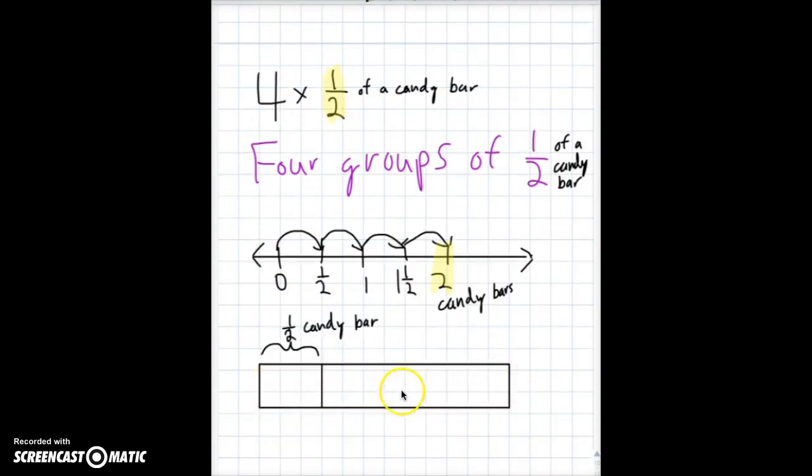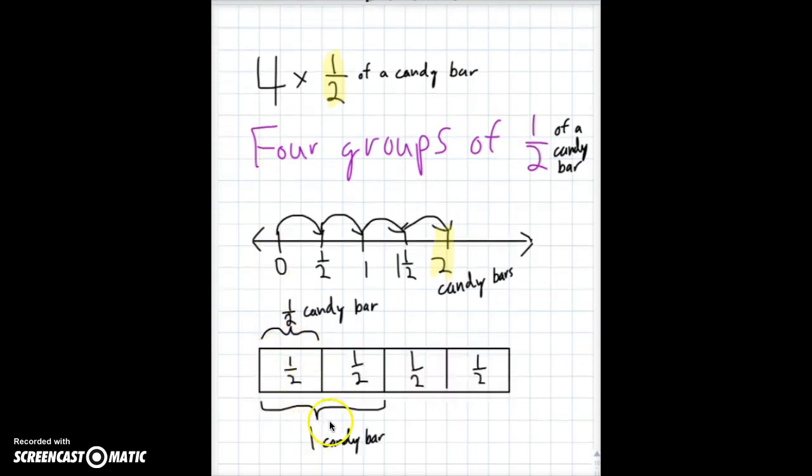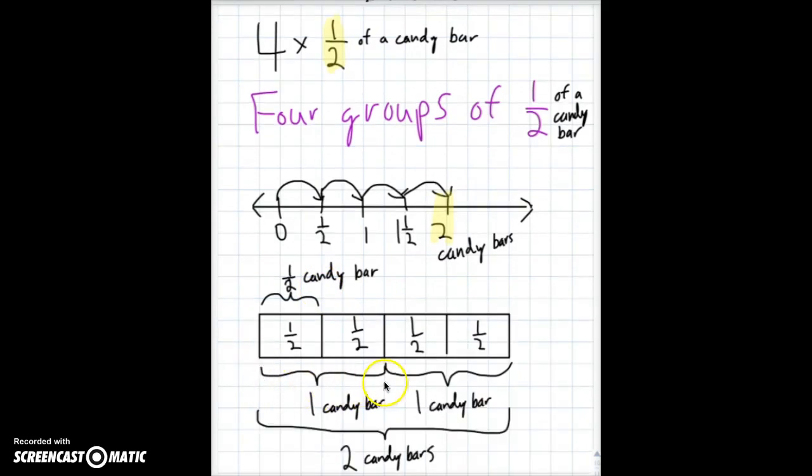So if we draw a rectangle, and we note what 1/2 of a candy bar looks like, then 1 whole candy bar looks like that. If I have 4, 1, 2, 3, 4 groups of 1/2 of a candy bar, then altogether here we have 2 candy bars. You can see that matches our number line.